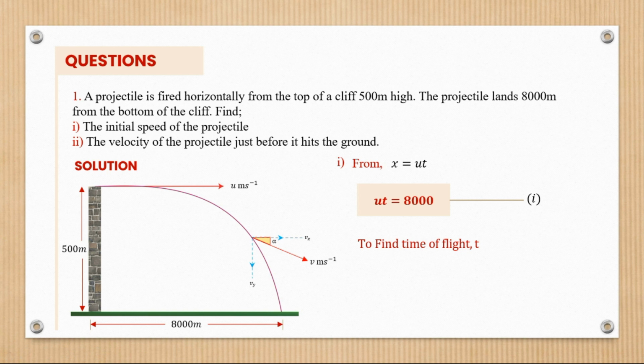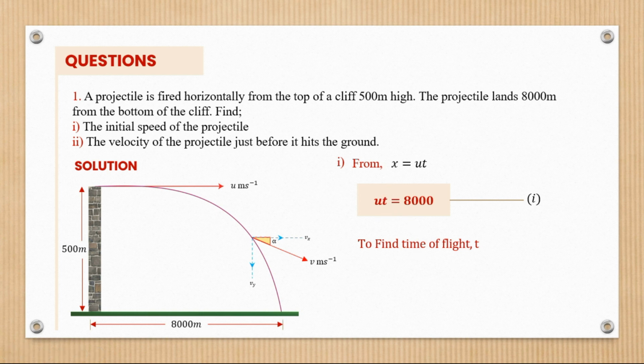And then the next thing that is wise to do is, because we have this unknown here, we are looking for u, but we also don't know what the t value is. For the horizontal projection until the point it lands, the value 8,000, this t is referring to the time of flight.